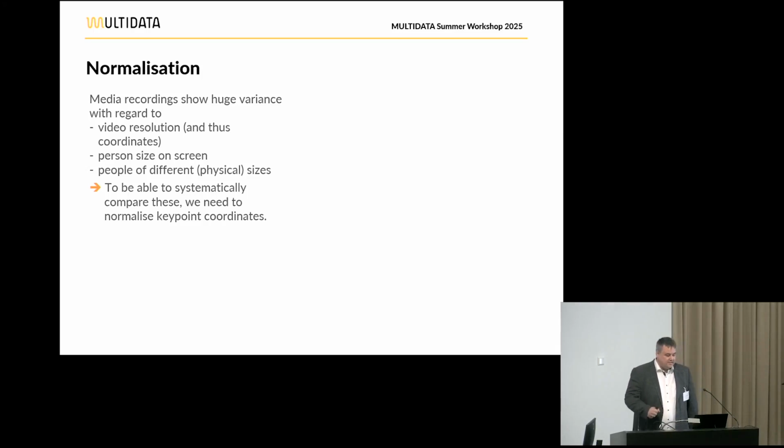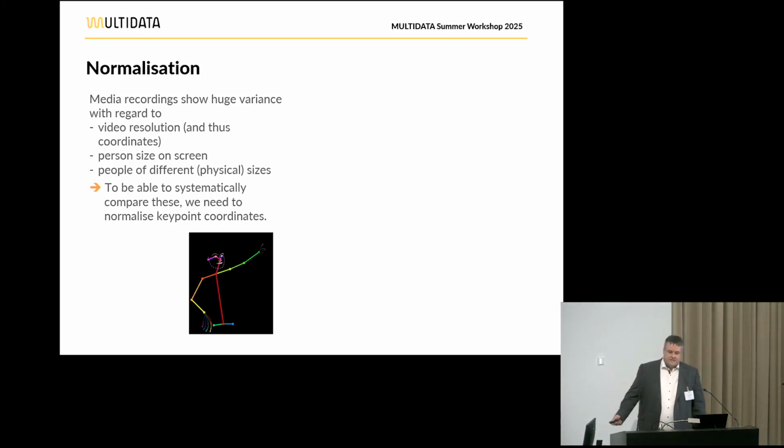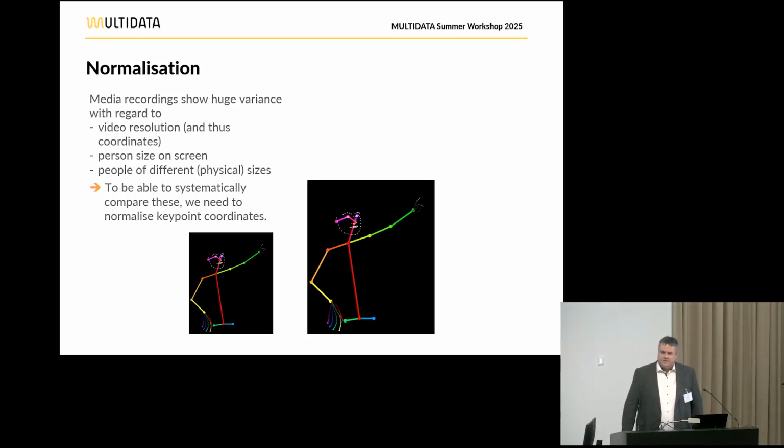And so to be able to systematically compare these, we need to normalize key point coordinates, because otherwise, how are you comparing 200 to 300 if the person is sitting somewhere else? So the solution is basically to say we have a small person and we have a large person, or image of that person, and we just standardize.